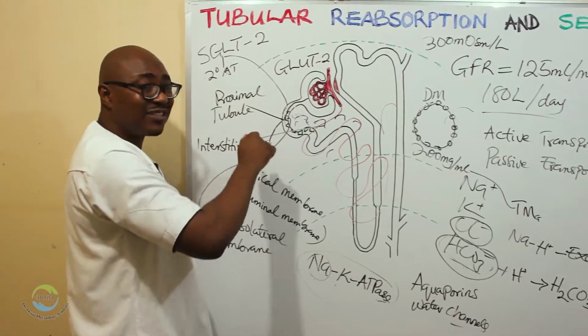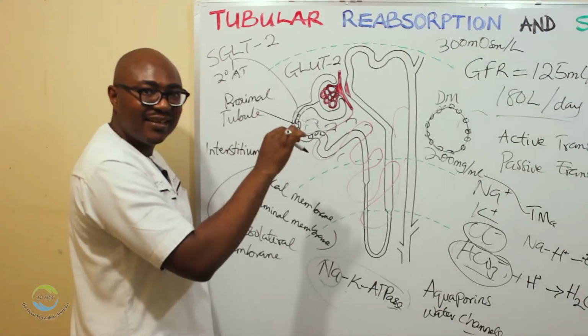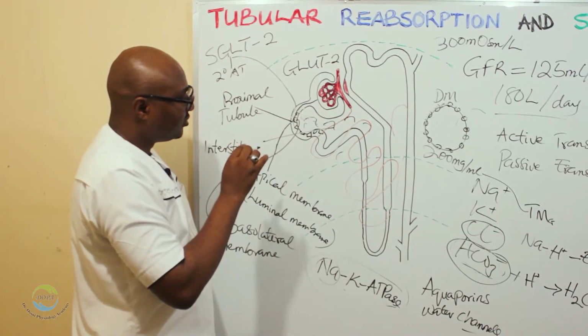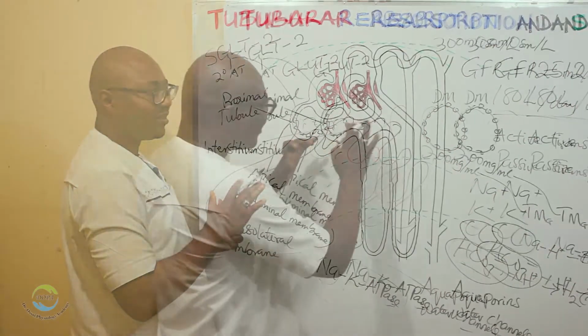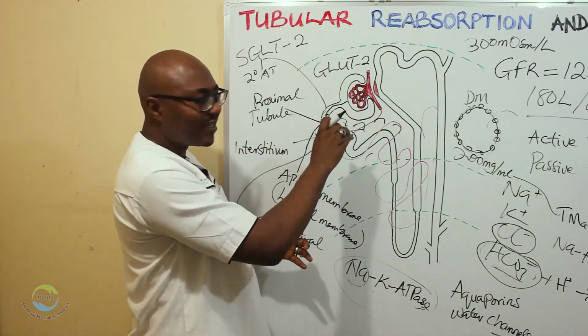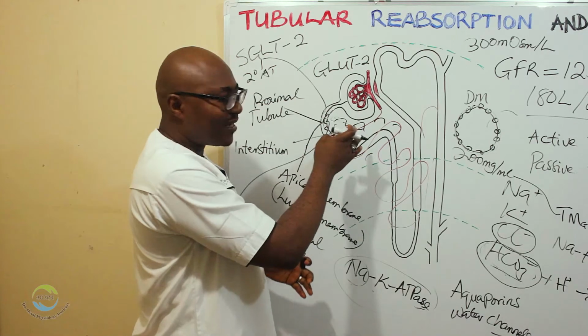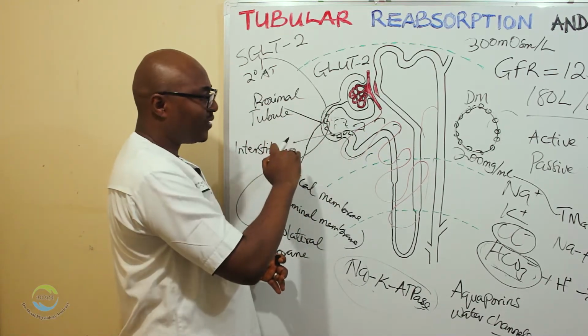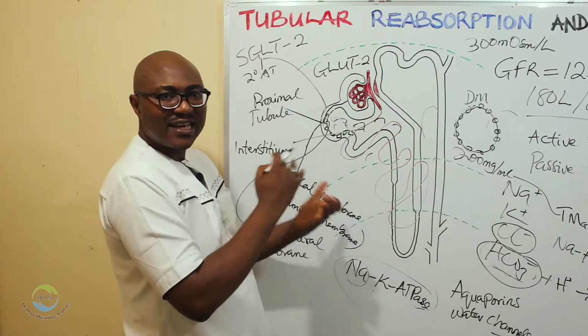Now remember that potassium naturally is high inside the cell, and low in the surrounding. It's going against its concentration gradient. High inside, but it's taking it inside and taking hydrogen into the lumen. So it's an exchange.